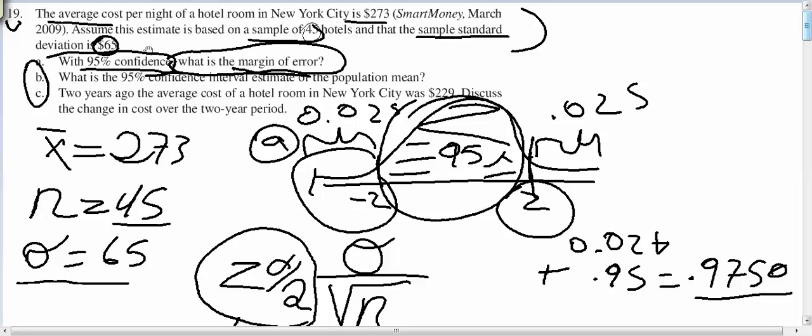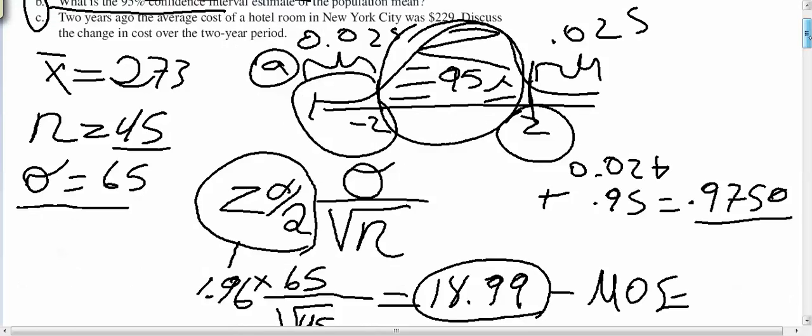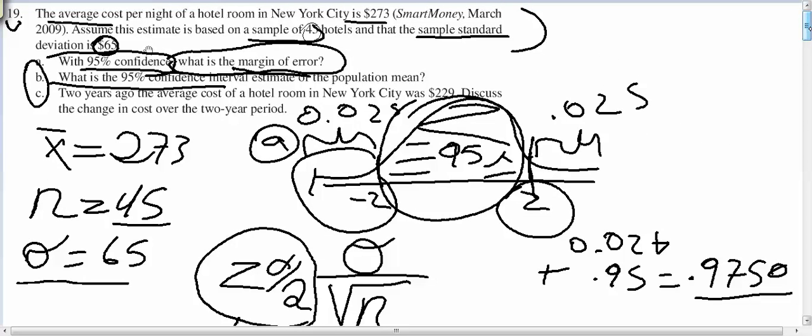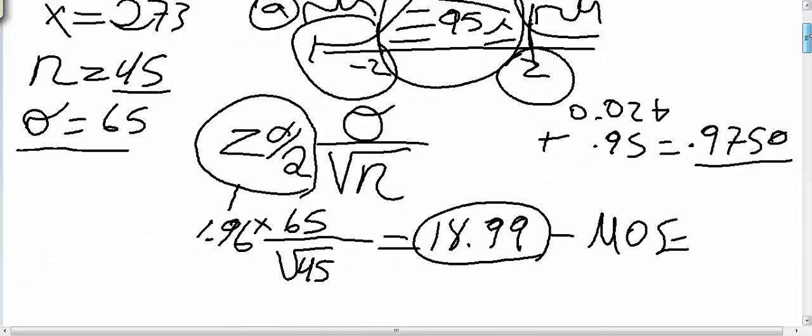Let's move on to B. With 95% confidence, what is the 95% confidence interval of the population mean? Well, based on the book, the procedure that we have to follow in order to find the confidence interval estimate of a population mean is the following.